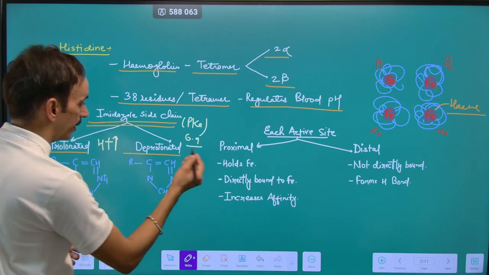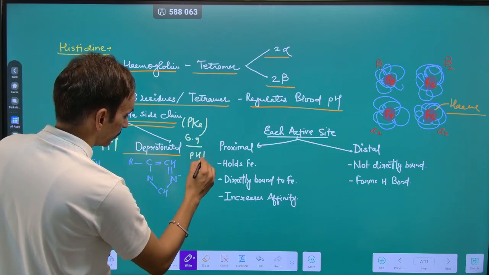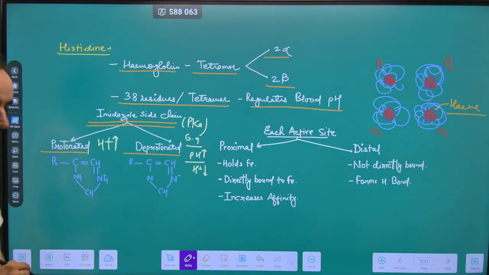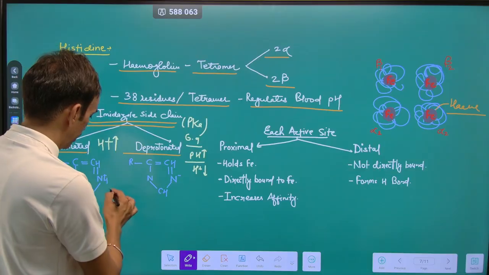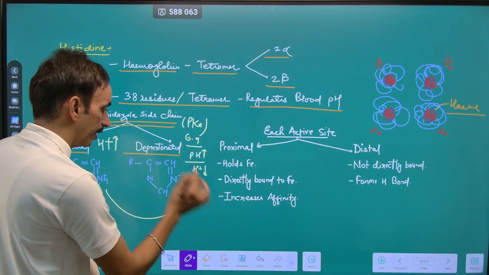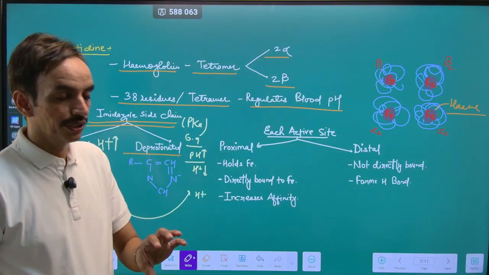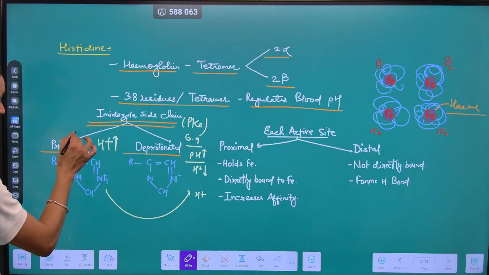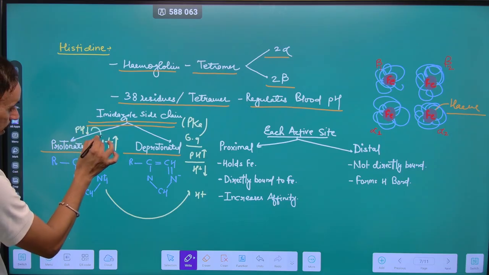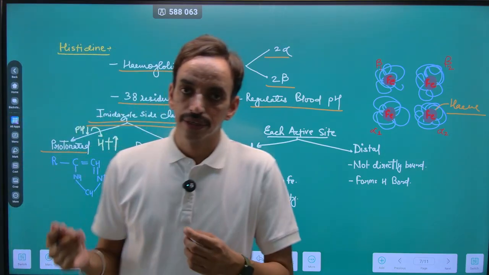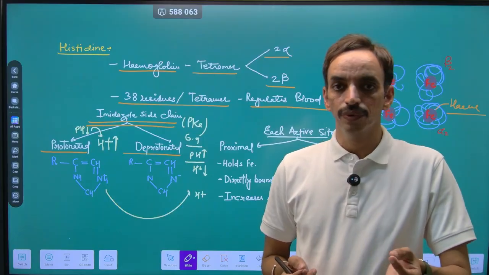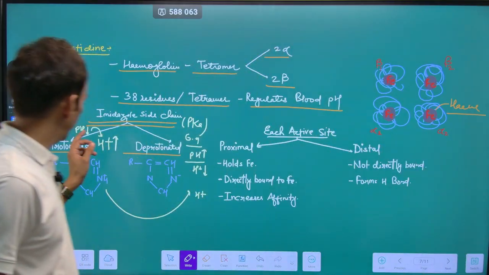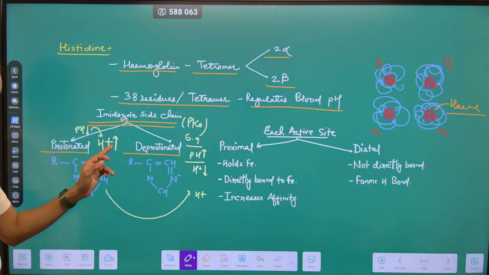Similarly, at the higher pHs where there is a lower amount of H plus ion, it donates its H plus ion and resists the change in pH. So we can say at the lower pH there is a higher amount of H plus ion, as we all know that the pH is inversely proportional to the H plus ion concentration. So if the pH is decreasing, H plus ion concentration is increasing.